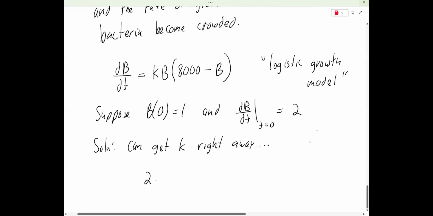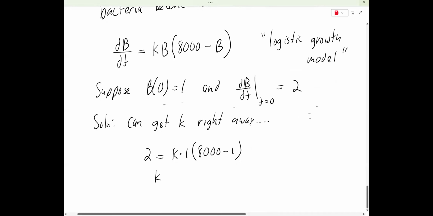So 2 equals k times B at time 0, which is 1, because there's 1 bacteria initially, times 8,000 minus 1. So you can solve for k right away. It's actually nice when conditions are given like this. Then k is equal to 2 divided by 7,999.